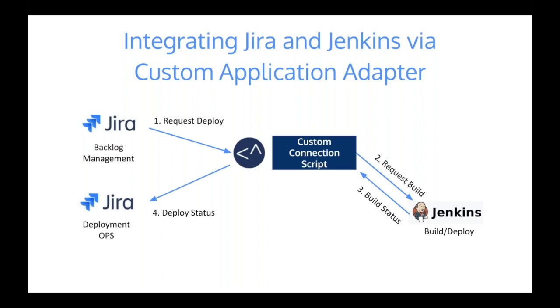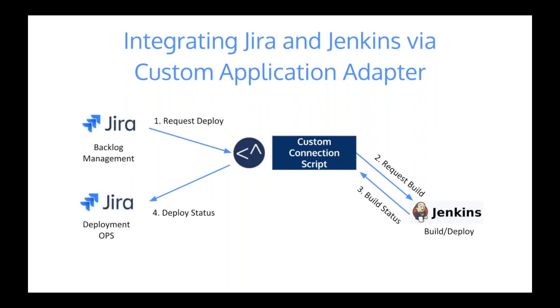That request in Jira will be sent through ConnectALL into Jenkins. Now, we don't support Jenkins out of the box, but we do have our custom application API. What I developed is a way that we can communicate that request over to Jenkins. Jenkins will kick off the build.